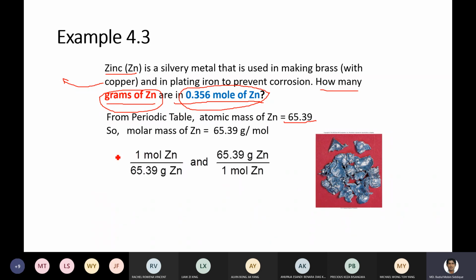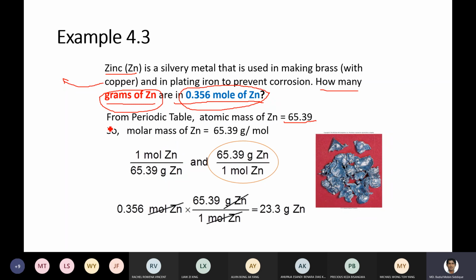So if we do the unit factor label calculation, we will find how many grams of zinc there will be. Since 1 mole of zinc is 65.4 grams of zinc, but the question is asking how many grams, if we take it in this form, we will not be satisfying the need of the problem, because the gram is in the numerator of the bottom part.